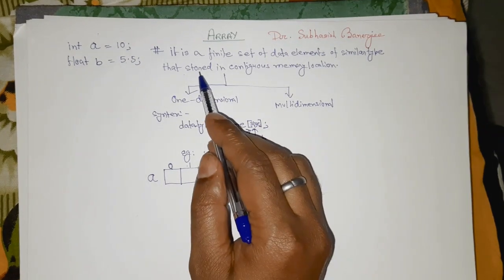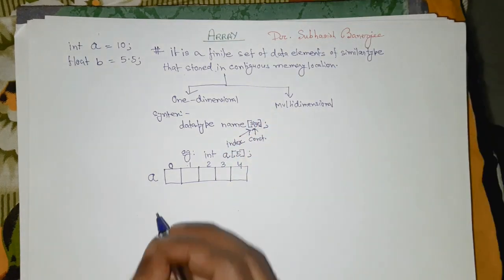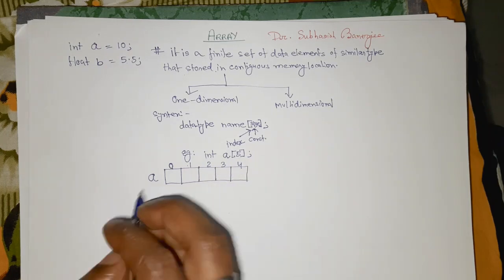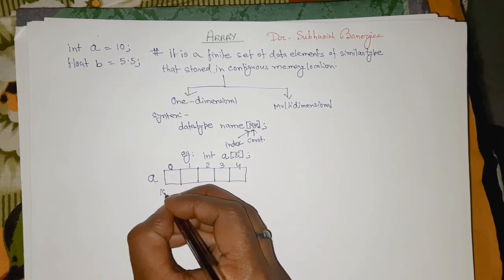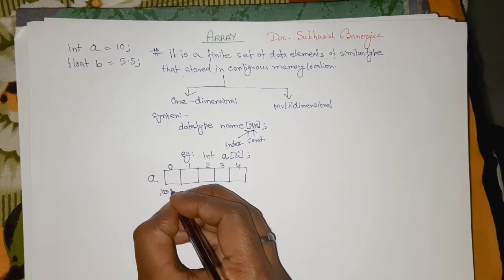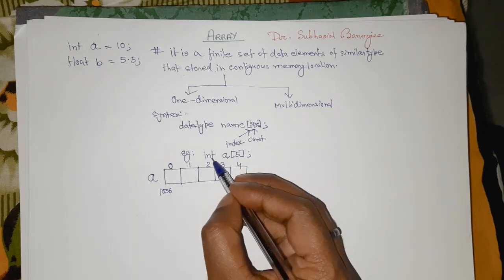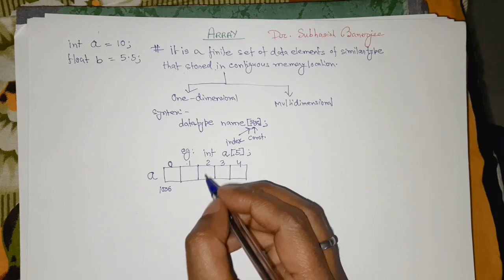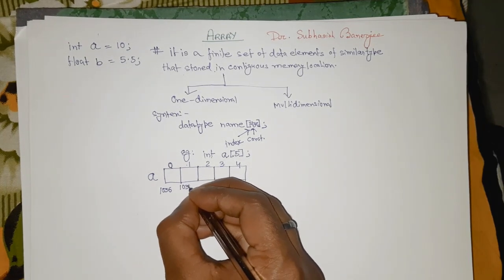Now why is it called contiguous memory allocation? If we declare an array like int a[5], suppose the first element starts occupying space at the address 1036. If the array is integer type, as we know every integer element takes 2 bytes of space, so the next data element's address would be 1038.